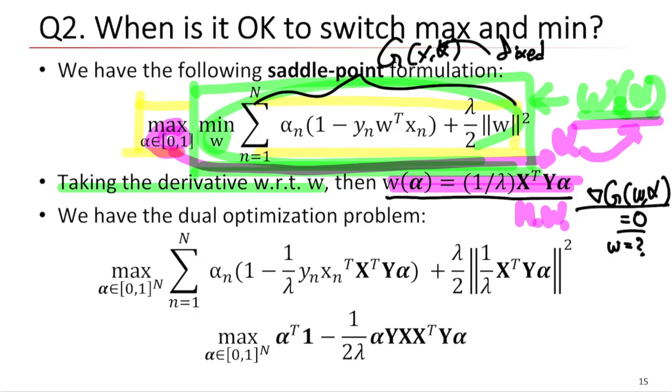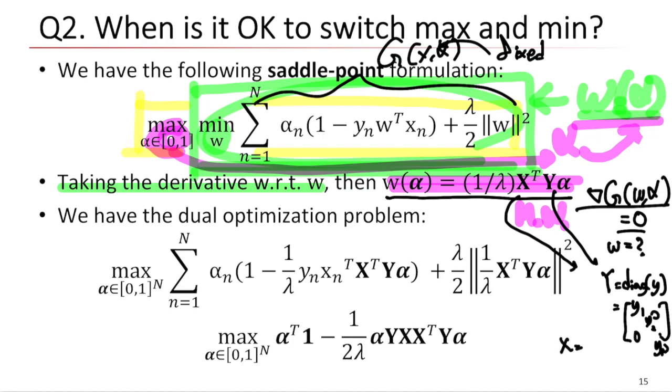In this case, y is the diagonal of the label y, something like y1, y2, up to yn, and 0, 0, something like this, and x is the vector consisting of the input vectors, right?